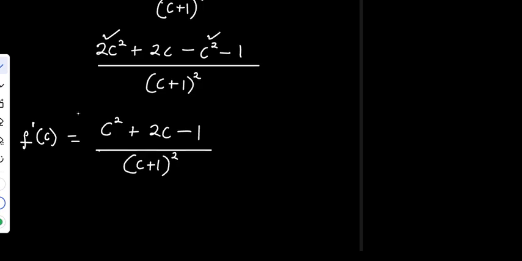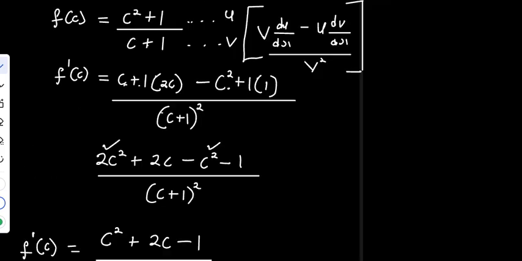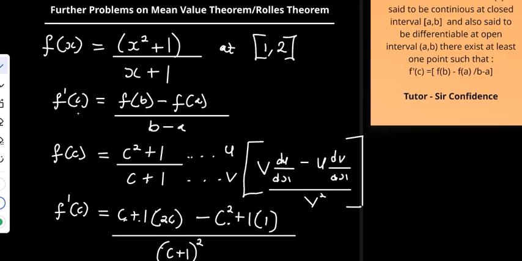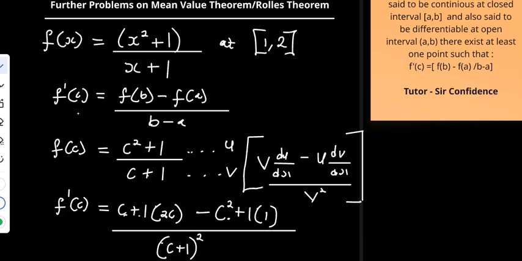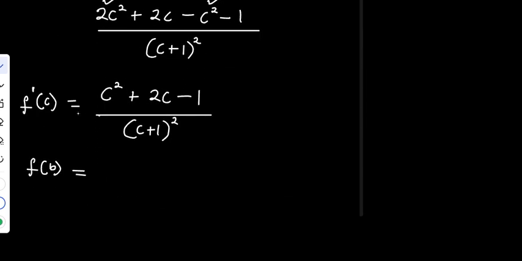So now let's find f of b. This is our equation, where we started from at the interval of 1, 2. b is equal to 2 and a is equal to 1.